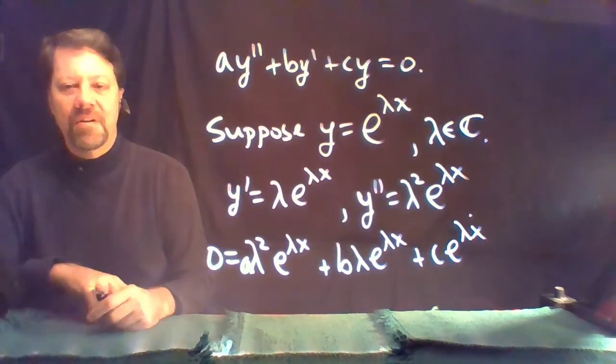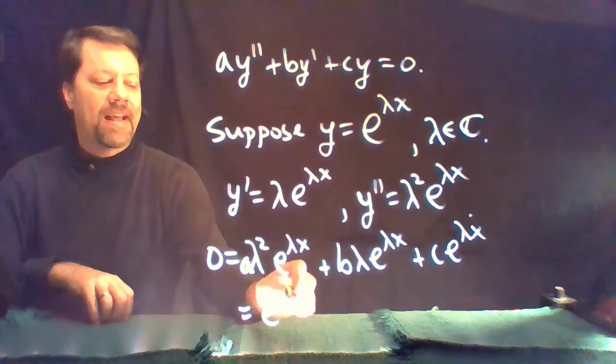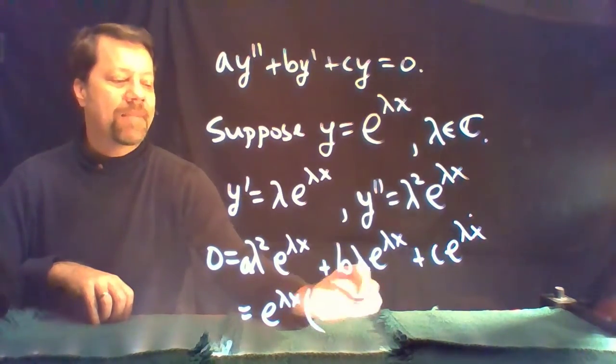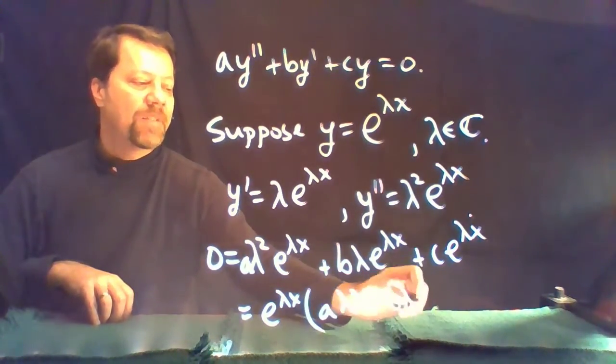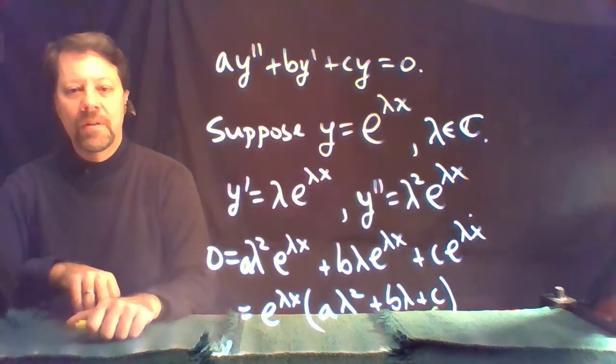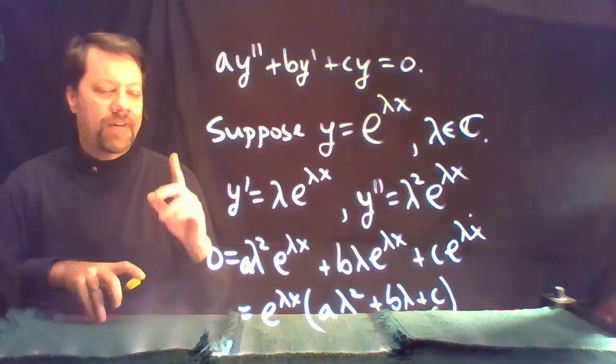We have three terms, each of which has a common factor of e to the lambda x. We could factor that out and obtain a lambda squared plus b lambda plus c. Now all of this equals 0, and by the zero product theorem we have the following.